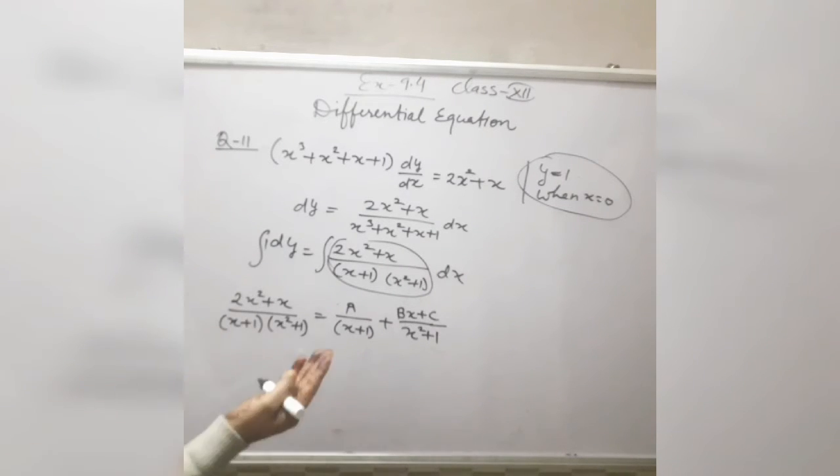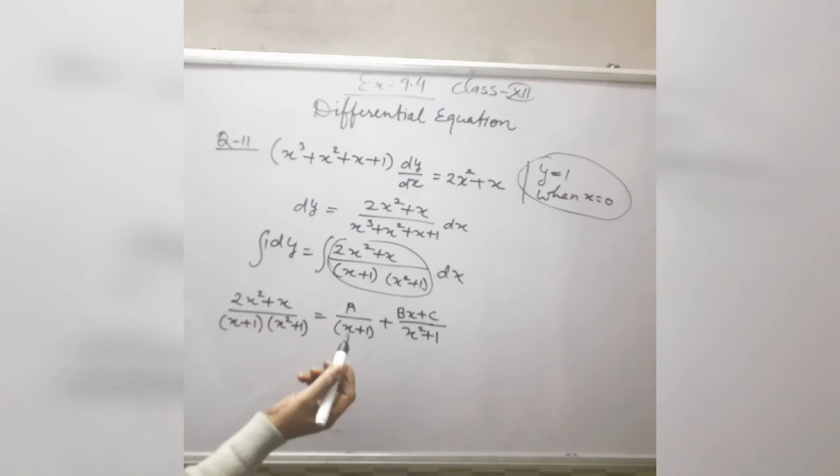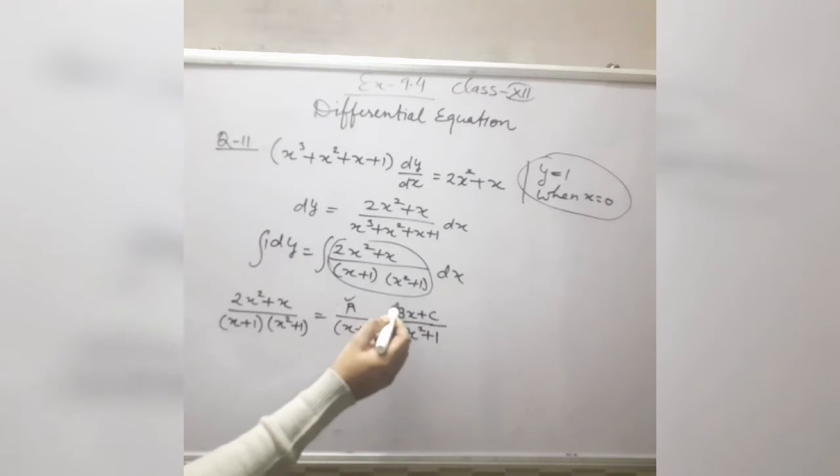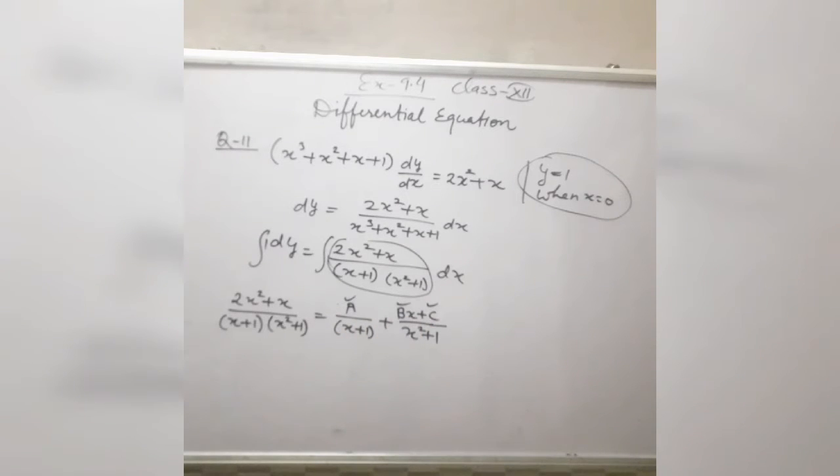Now compare the coefficients of x square, x and the constant term, and after simplifying you will get the values of a, b and c. So here I am directly putting the values: a is equal to half, b is 3 by 2 and c is minus half.